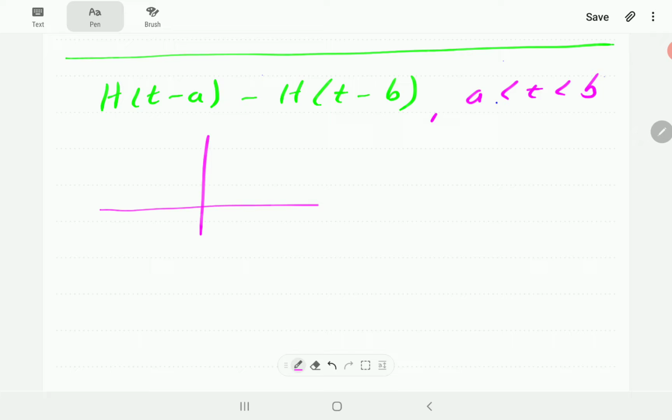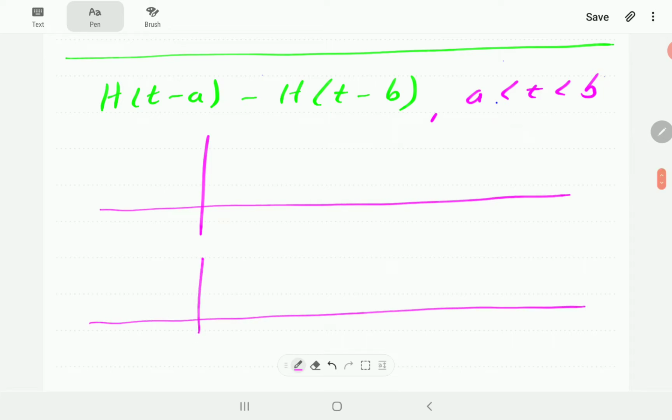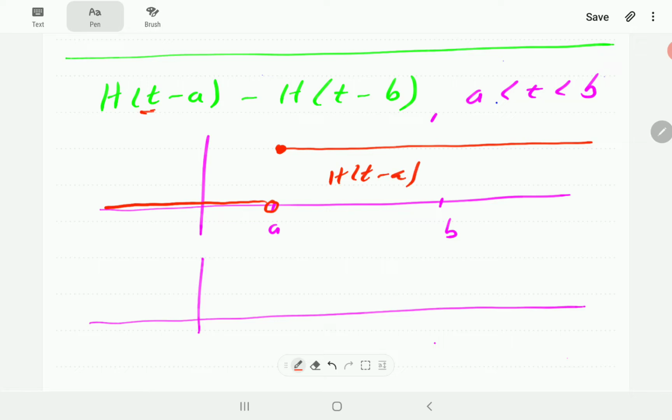I'm just going to do this in two sketches. Imagine that this is the point A and this is the point B. The Heaviside function of t minus a is going to have a step at A, and since t is positive, the step is going to be to the right. So that's h of t minus a.